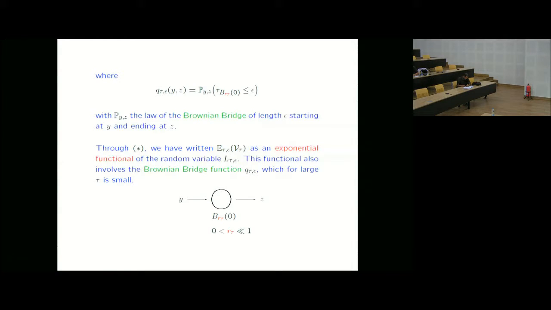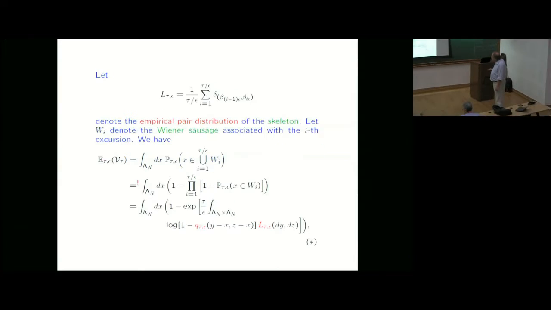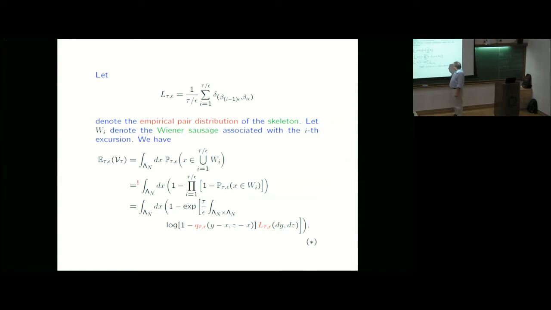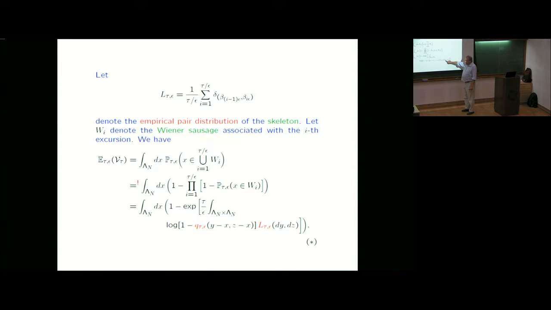Okay, and then I claim that in terms of that quantity, this whole object here can be written in terms of this empirical distribution. And why is that? You say, well, let's look at what the ith excursion is doing. It is starting at the point beta i minus 1 epsilon, and it ends at beta i epsilon. Let's call that y and z, because this empirical distribution is picking up how frequently this pair is hitting the values y and z.